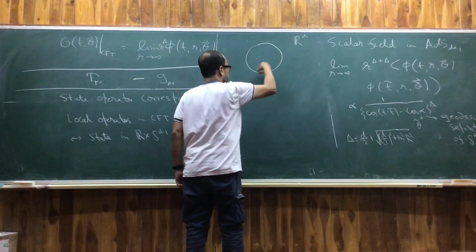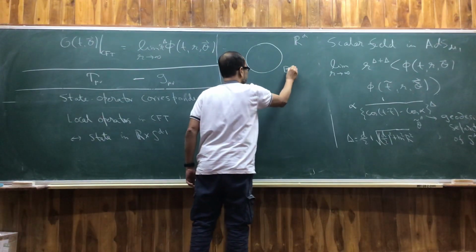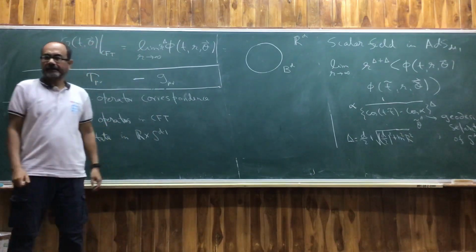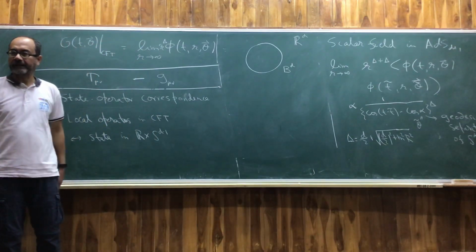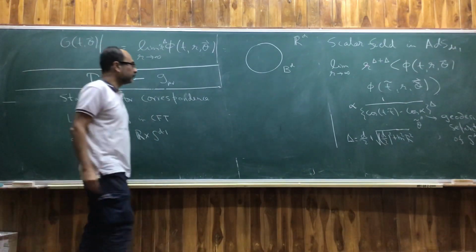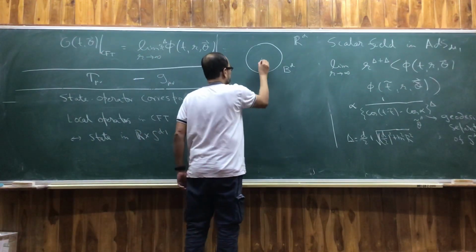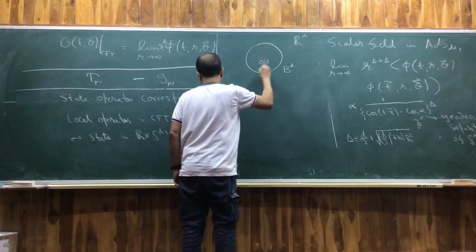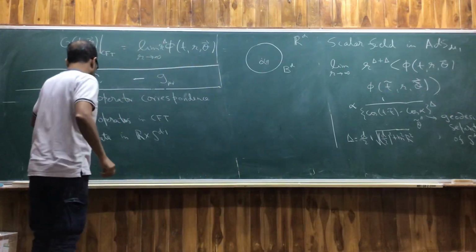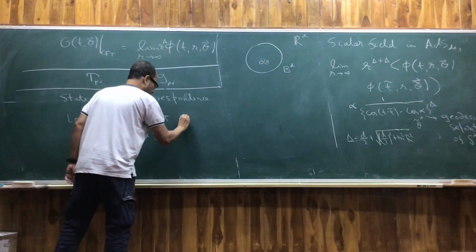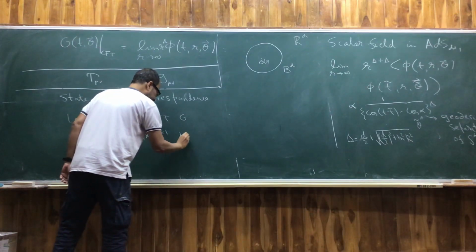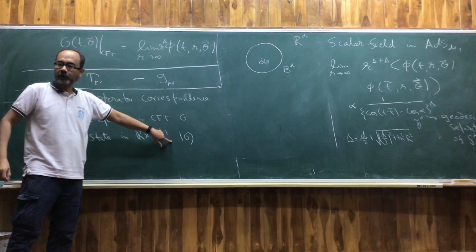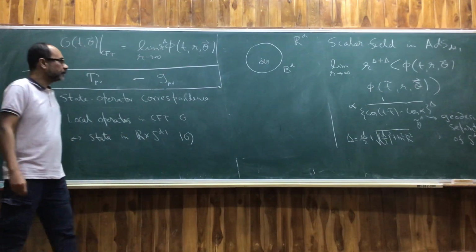And take a unit ball B^d, a solid sphere of radius 1. At the origin, you put O, the local operator. The local operator is denoted by O, and the state in the CFT will also be denoted by O. We have to see how, given O, you construct the state.